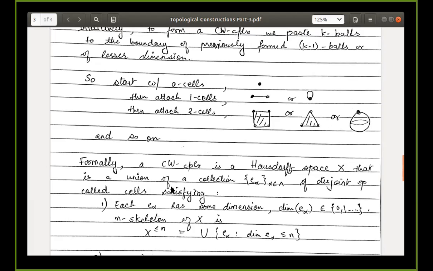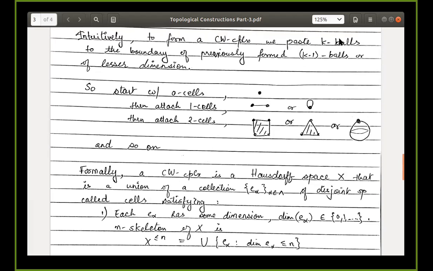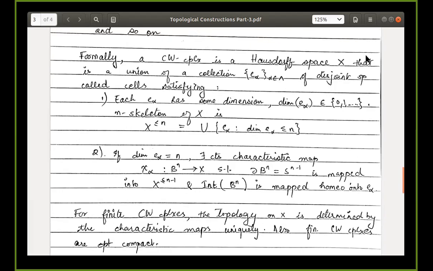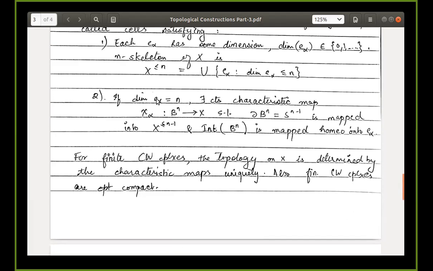Informally, I told you that any K ball you take has its boundary glued to cells of dimension K minus 1 or lesser, right? So it's precisely this, that these E alphas are my n cells.